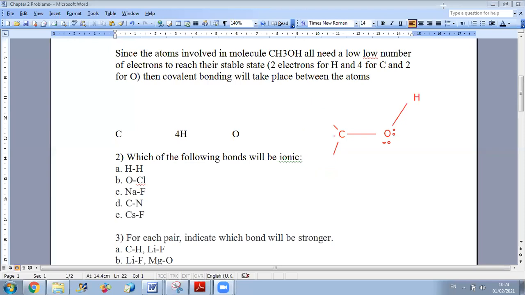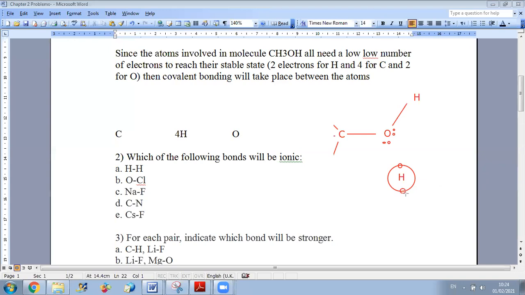Doctor, one minute. One student is asking, how does H need 2 electrons? Look, the atomic number of H is 1, okay? So H has 1 electron in its outer orbit. But we know that, in general, to have a stable configuration, the first orbit should have 2 electrons.